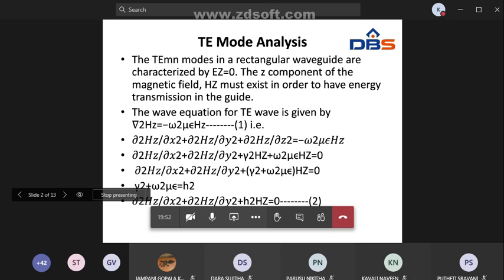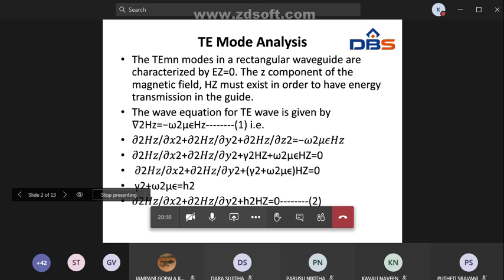Okay. So next, we can write ∂²Hz/∂x² + ∂²Hz/∂y² + (γ² + ω²με) Hz equal to 0, taking Hz common.